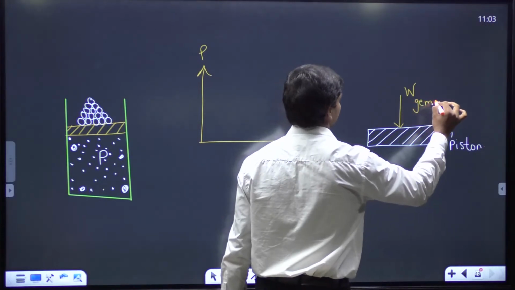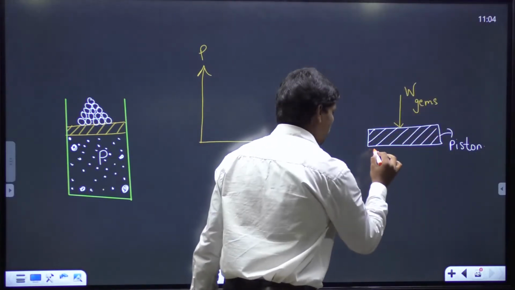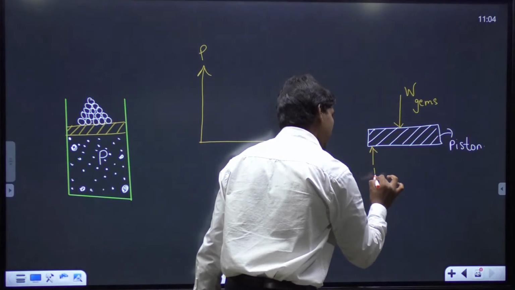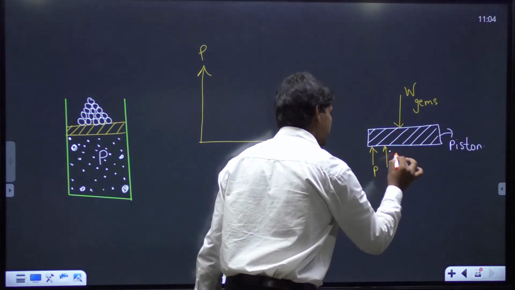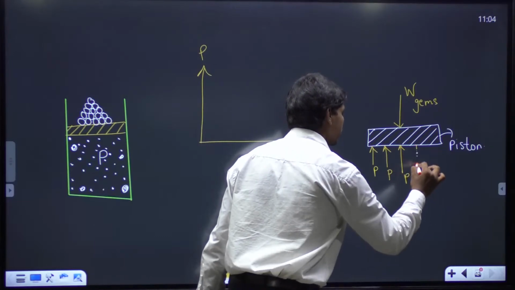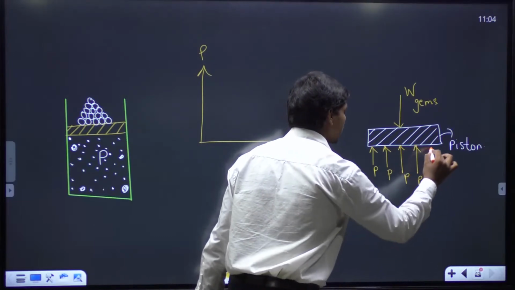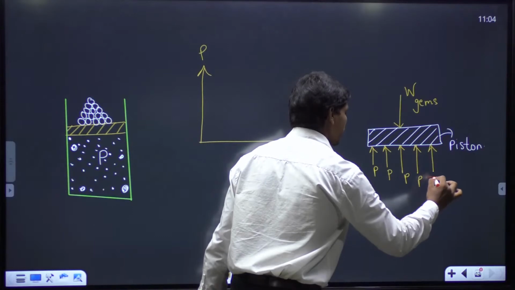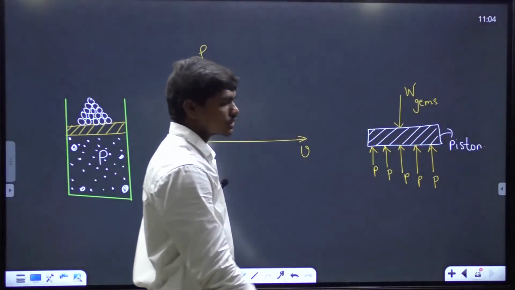Yes or no? Now, at the bottom there is pressure of the gas, because the gas is at some temperature, so molecules don't sit silently. They'll start exerting a pressure P on the bottom surface of the piston. Correct? So these are the forces that are acting.